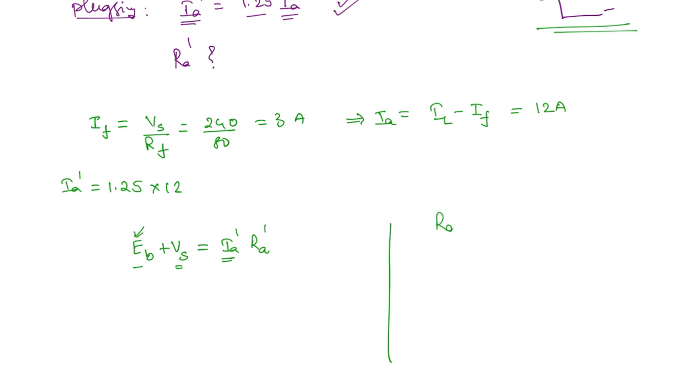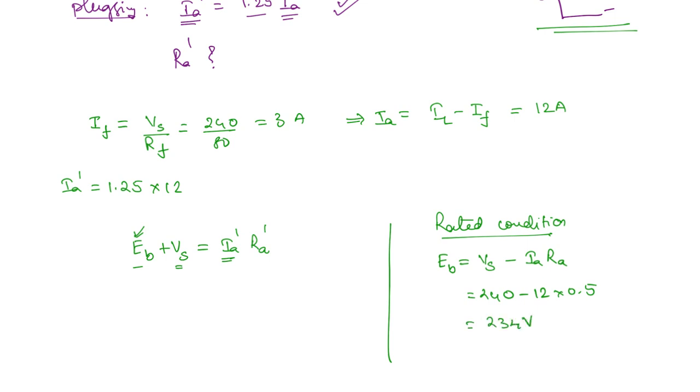Okay, so in rated condition, what is the back EMF? EB will be equal to Vs minus the drop across the armature. So this is 240 minus IA, which we got as 12, times RA, which is given as 0.5. So this is going to be 234 volt. If you substitute here, you can get RA dash. RA dash is equal to (234 plus 240) divided by (1.25 times 12).